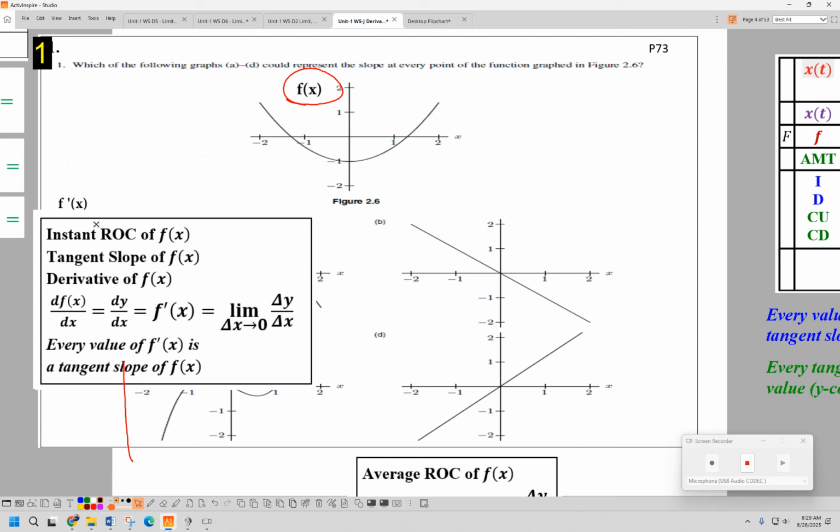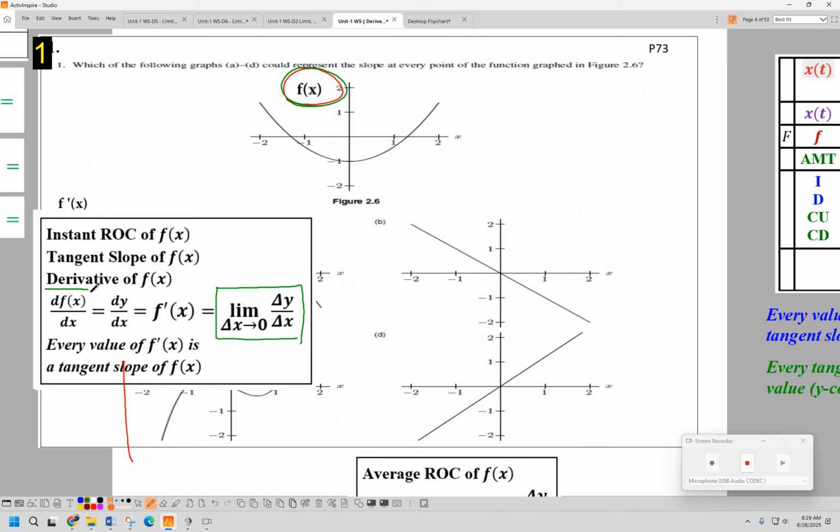You do it by finding the limit of delta y over delta x, right there. That's how you find the slope at each point. Now, they came up with symbols to make it easier to talk about all this stuff. And they came up with a variety of ways to talk about it. So f of x refers to the set of xy pairs here.